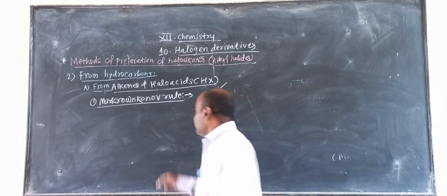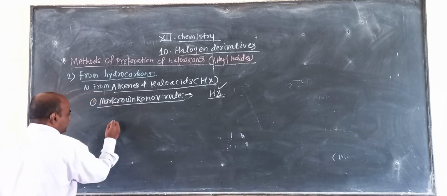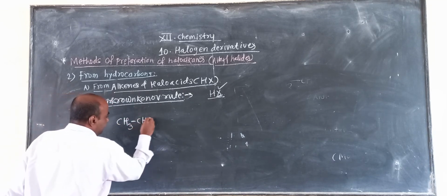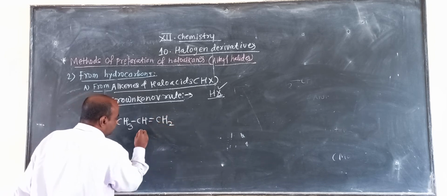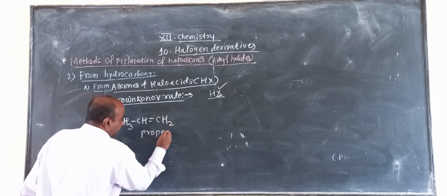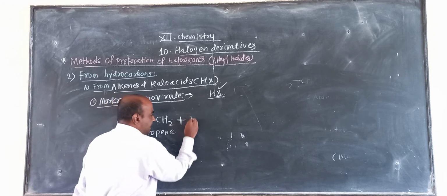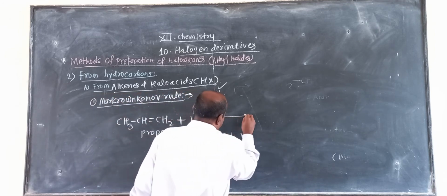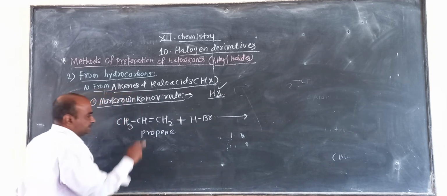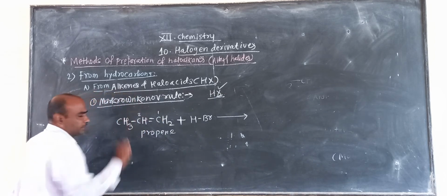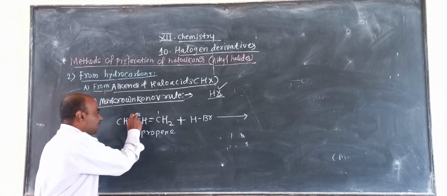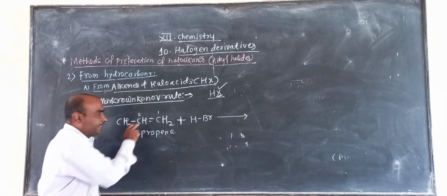So see here an example in case of the Markovnikov rule, for example an unsymmetrical alkene like propene, when treated with a haloacid like HBr or HCl, then here what happens: this is carbon number 1, carbon number 2, this carbon number 1 contains 2 hydrogen atoms and carbon number 2 contains only 1 hydrogen atom.